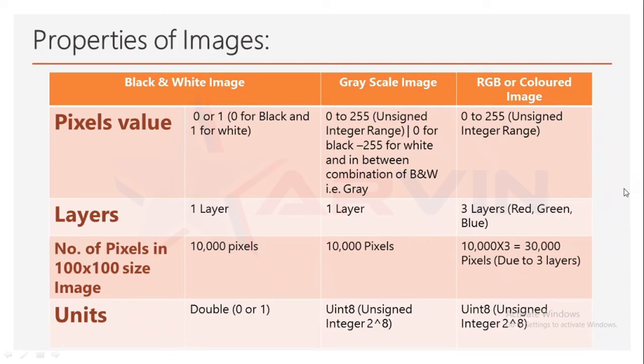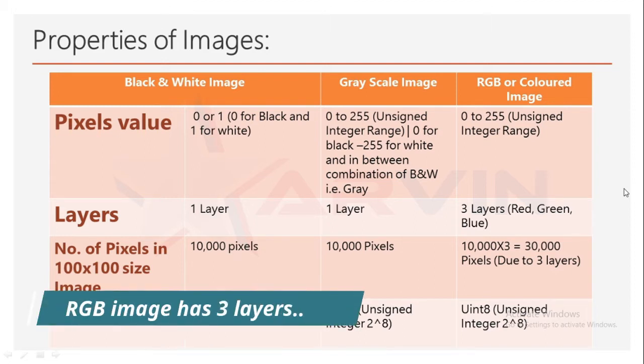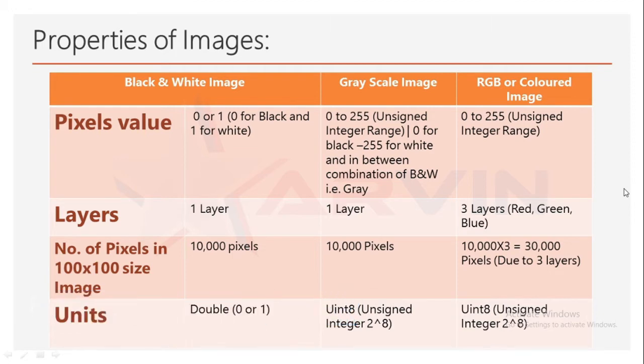Our next property is layer. In a black and white image only one layer exists. A grayscale image also has one layer, but a colored image has three layers. First one is red, second is green and third is blue.